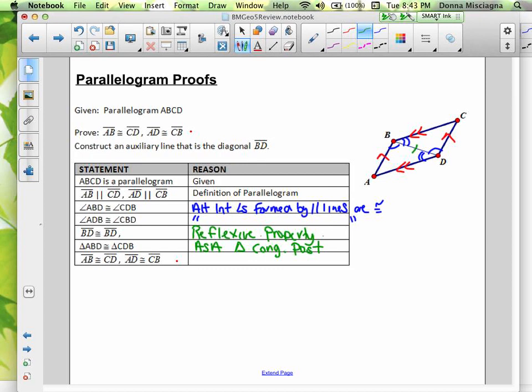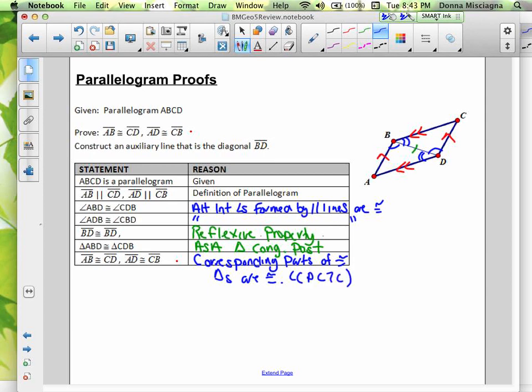So now we can say any corresponding part in this triangle is congruent to the corresponding part in the other triangle, because corresponding parts of congruent triangles are congruent, or you can abbreviate that, CPCTC.